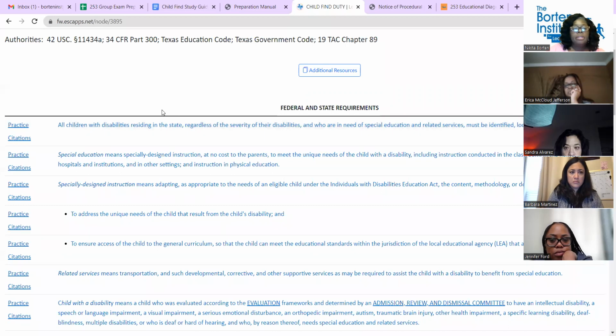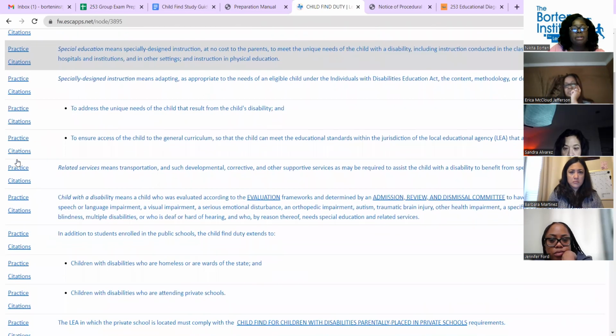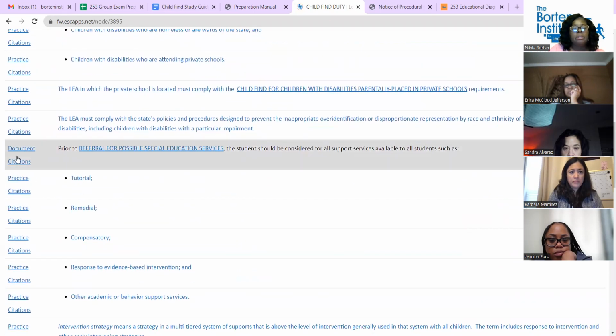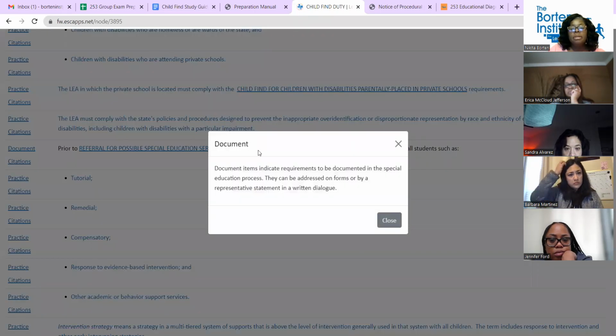All right, and you're going to see, so P for practice, you'll see citations, and when you go down here, you're going to see documentation. When it says documents, items indicate requirements to be documented in the special education process.